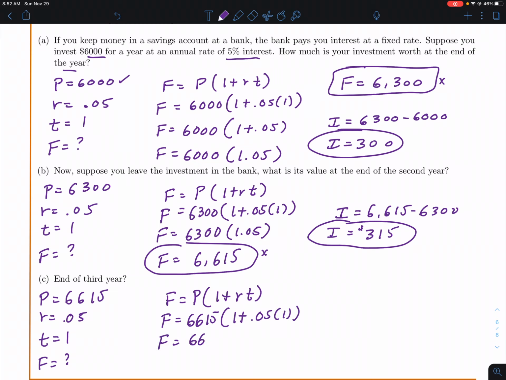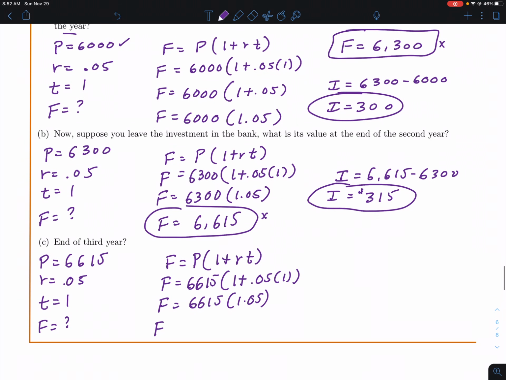So again, that's going to give us just 1.05 on the inside. So again, multiply this guy out. And so it looks like we get 6,945.